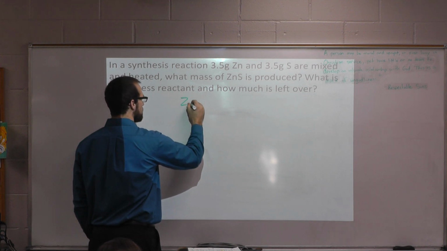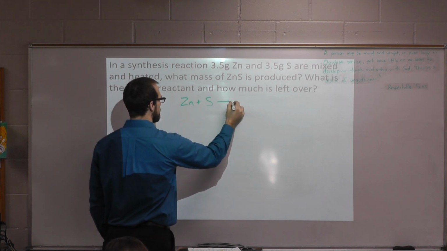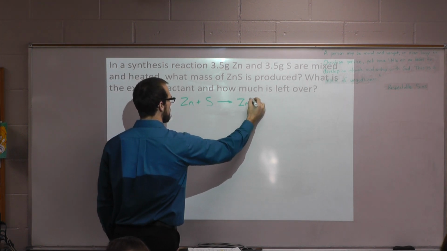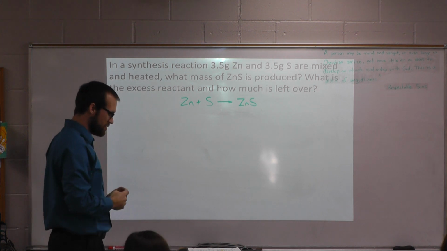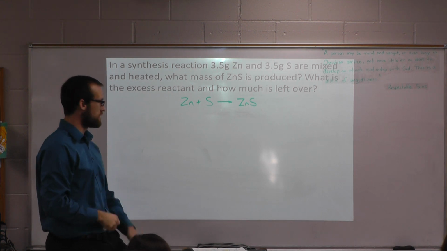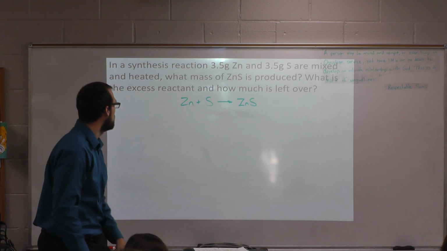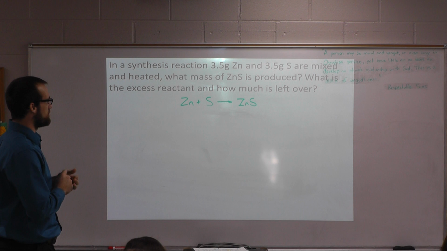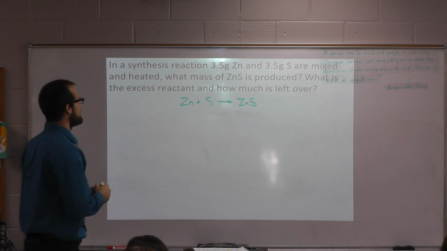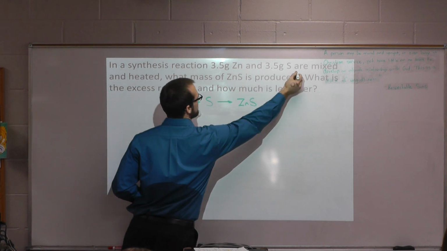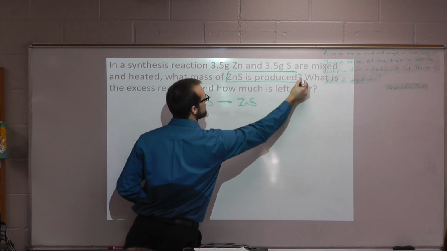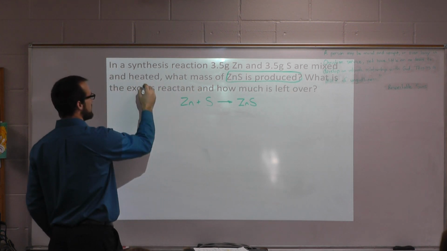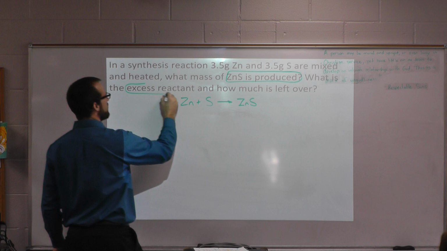So here's our equation. This is a significantly simpler equation here. By looking at this problem, let's identify what are the things it wants to know. It said, what is the mass of Zn produced, and what is the excess left over?